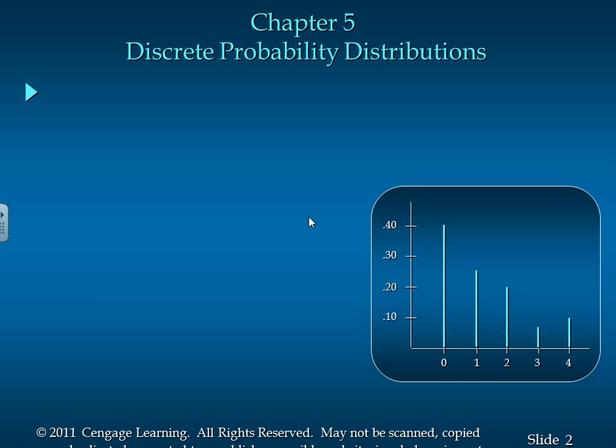So, discrete probability distributions. What does discrete mean? Not continuous. The clock on the wall is a continuous thing. It's going around, but if it were a digital thing giving us numbers saying 1, 2, 3, 4, that'd be discrete.